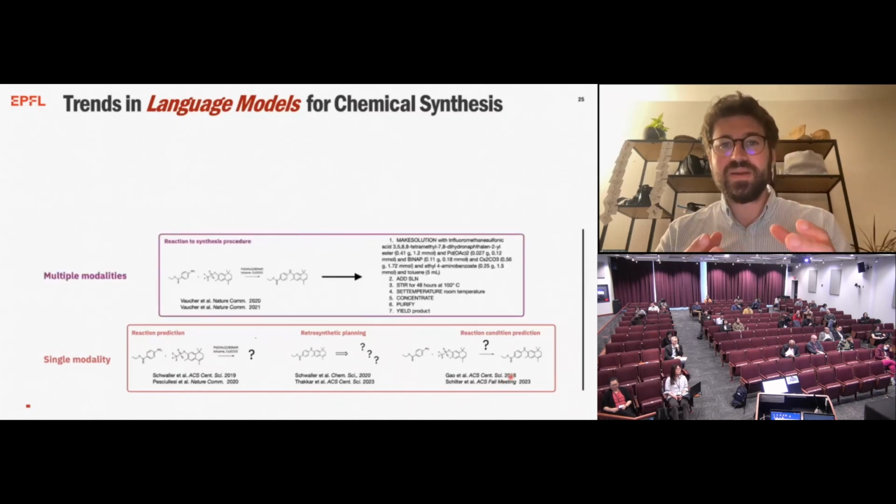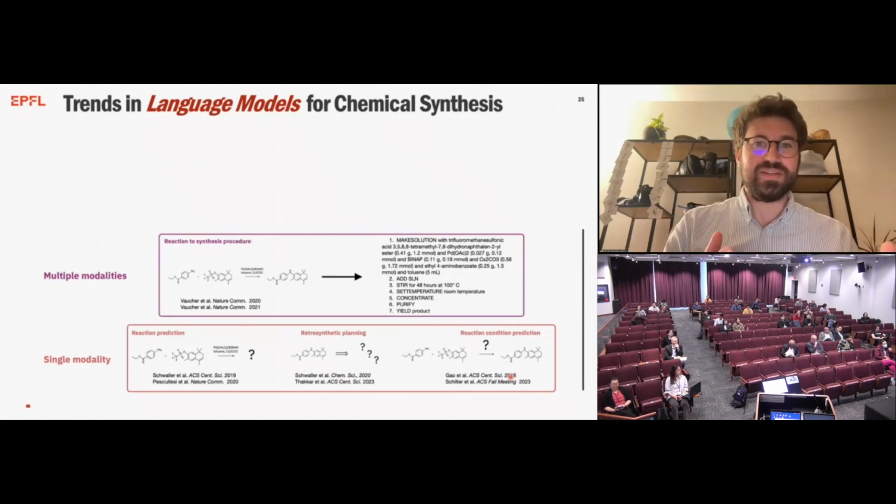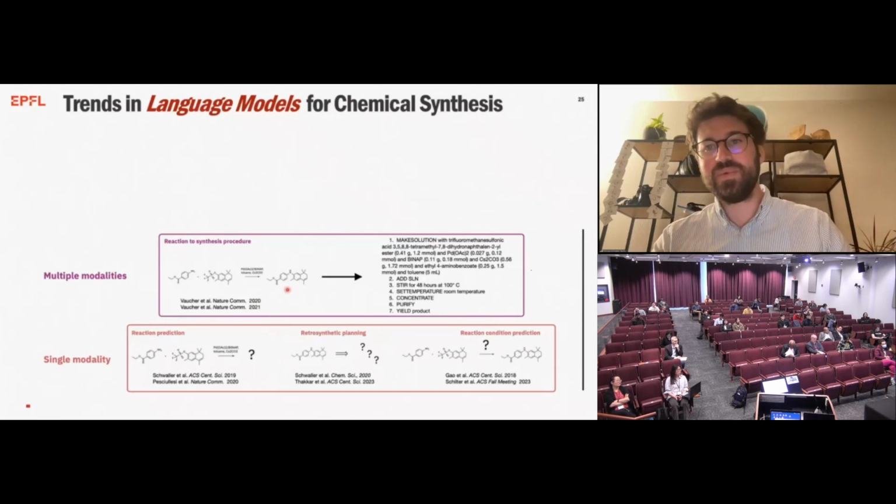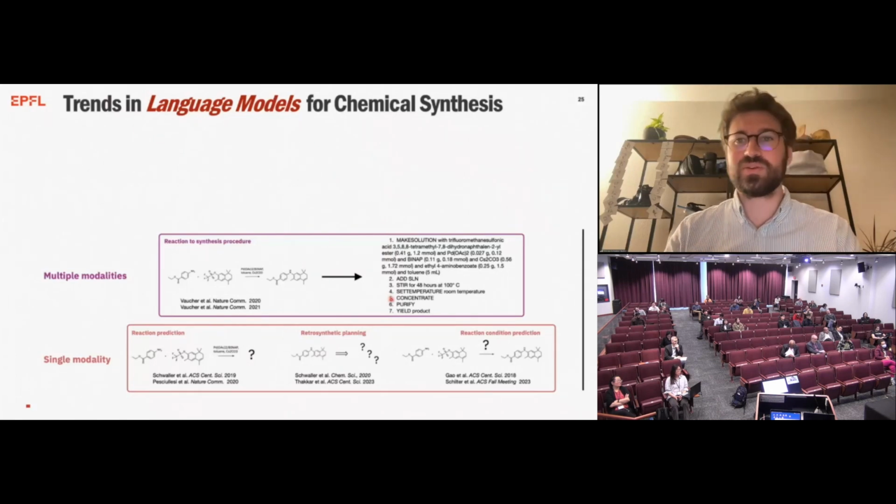Then came a time where we started combining multiple modalities, going more towards automation. We said, hey, can we take reactions represented as SMILES and convert them into structured actions that give us recipes that we could then perform in the lab?